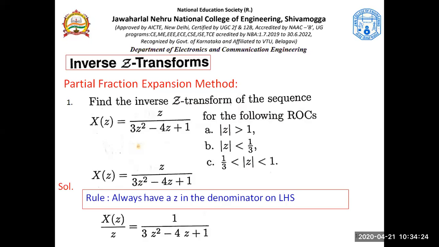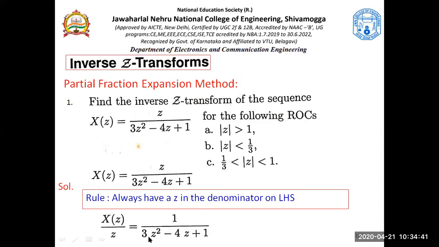The roots are 1 by 3 and 1. Since it is factorization, we have written it as z minus 1 by 3 into z minus 1, because the roots are 1 by 3 and 1.